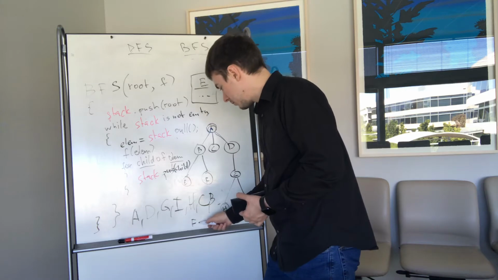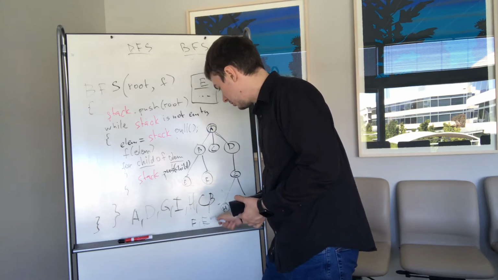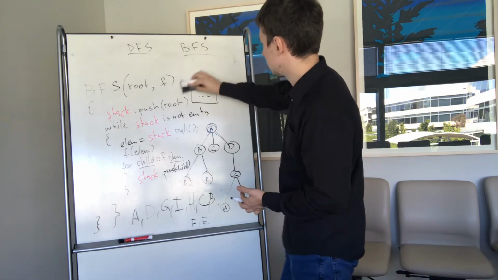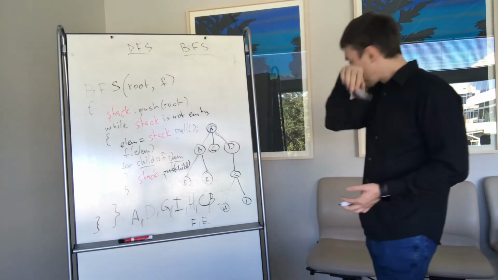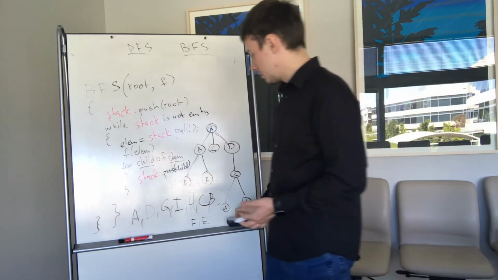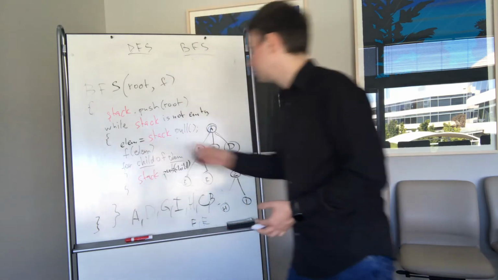We take E. E has no children as well. And that's it. Our stack is empty. And we completed the execution of this function.